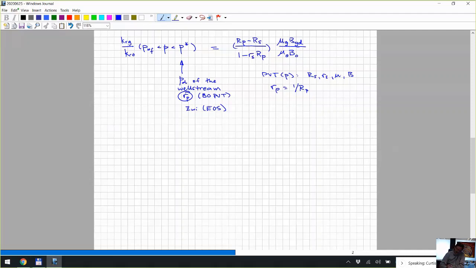So what we're going to say is that this applies in the steady state flow region, where the flowing composition remains constant, or the flowing gas-oil ratio, or the flowing oil-gas ratio would be constant, and it would be equal to the producing well stream composition at a given time.